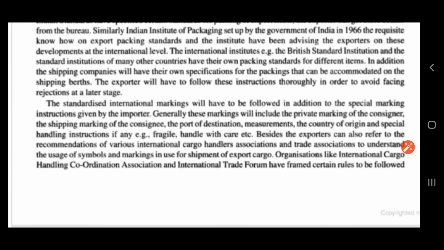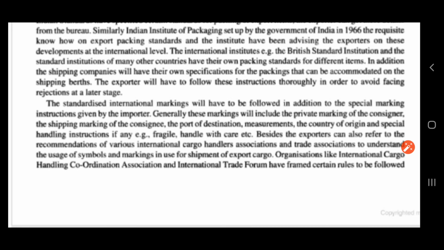Why? What is the necessity of following it? Because further on, the exporter does not want any rejections, maybe at the inspection time, maybe at the delivery of goods. At the later stages, he doesn't want the product to be rejected by any authorities or maybe by the importer.